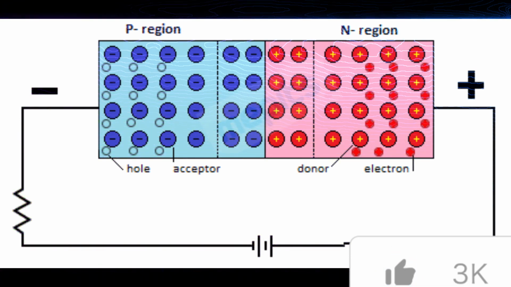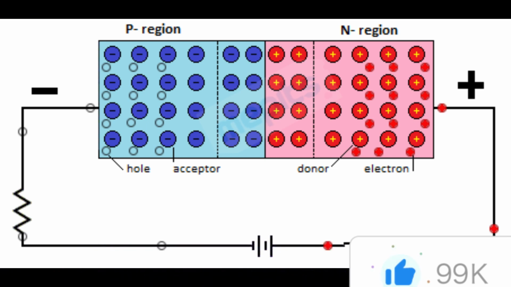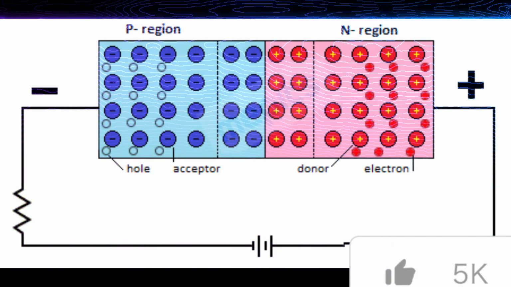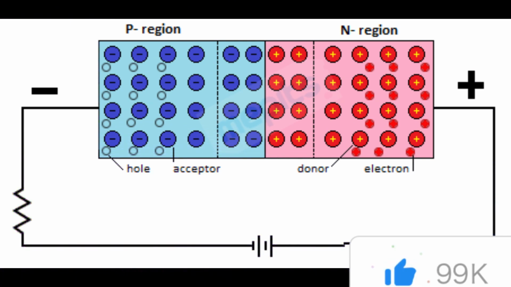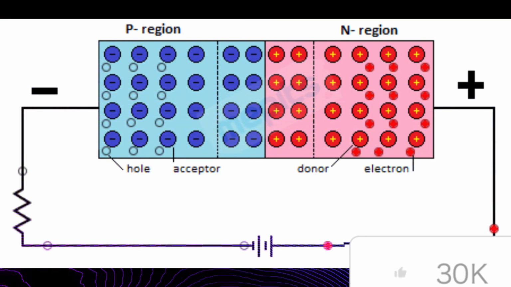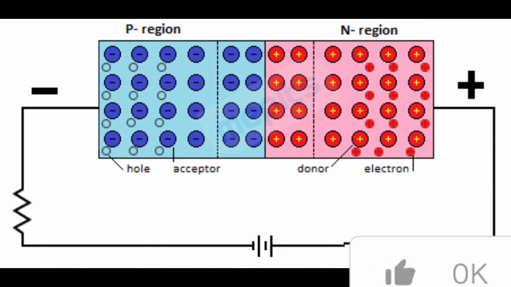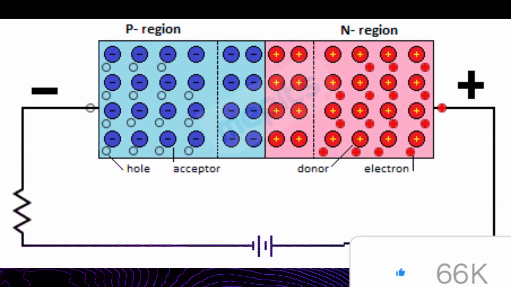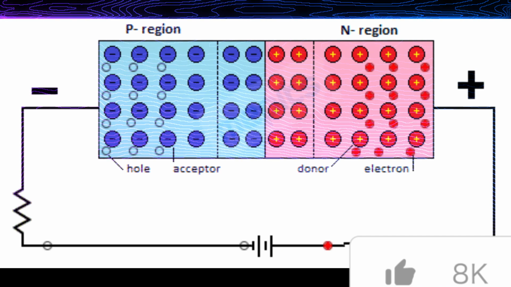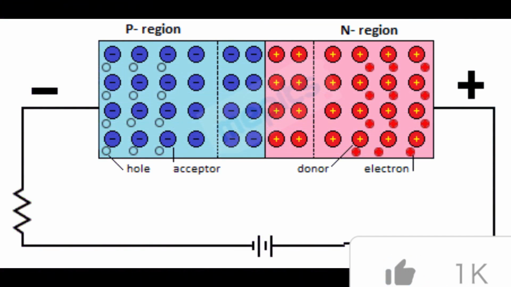The diode can be used to perform many jobs, but it is most commonly used in industry to construct a rectifier. A rectifier is a device that changes or converts AC voltage into DC voltage.